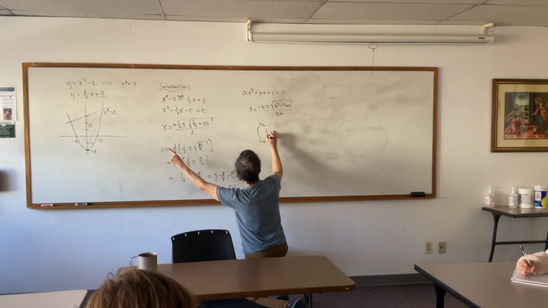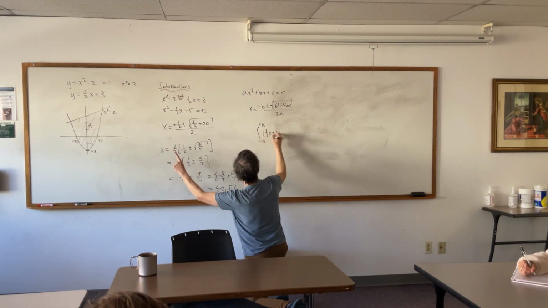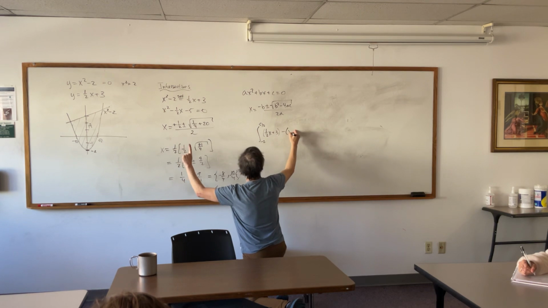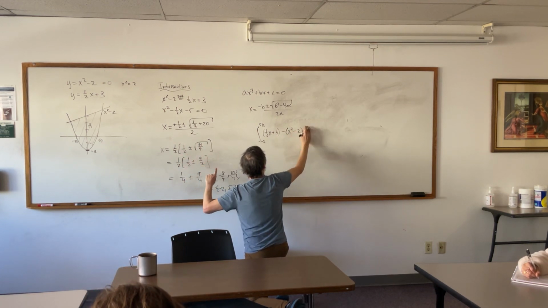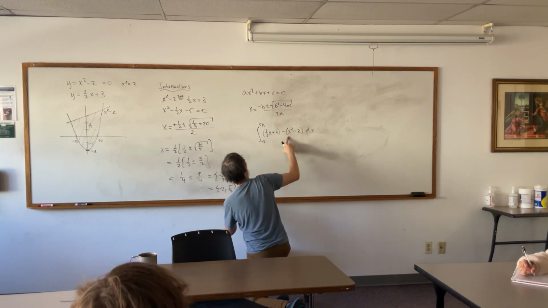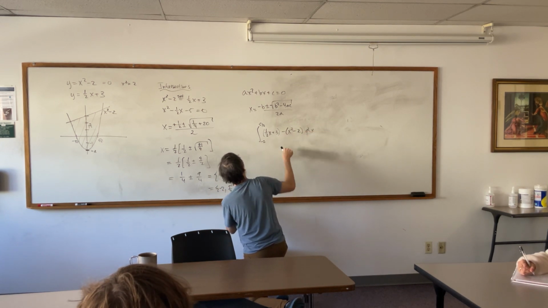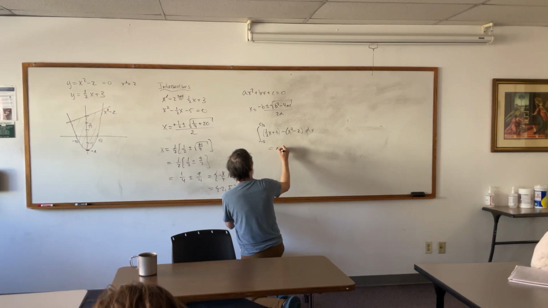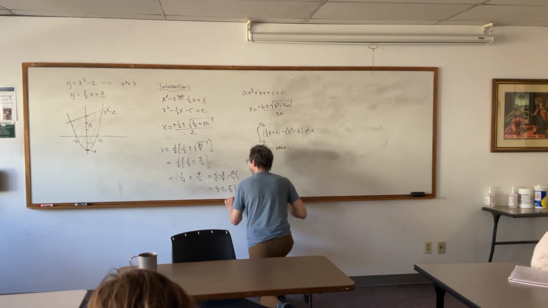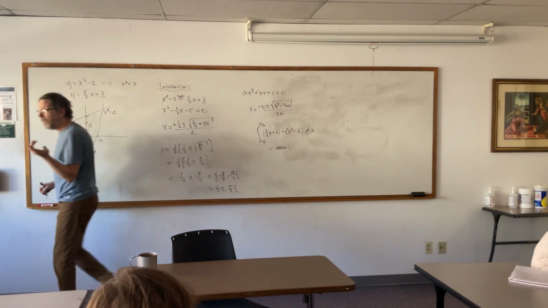So here I'm going to put 1/2 x plus 3. I'll put it in parentheses to be safe. Really common error is to forget the parentheses, and you can see what a mess that would be. Equals the area. I'll just leave it at that. Let me know if that sounds okay.